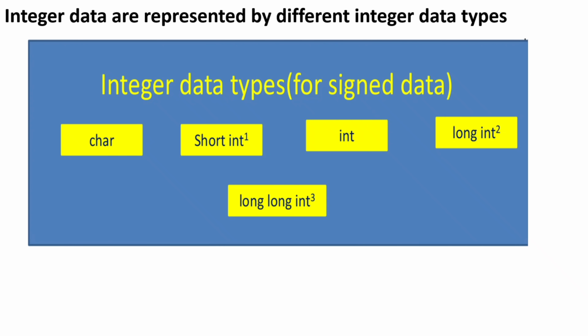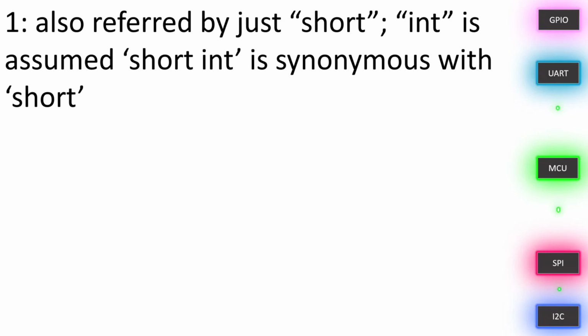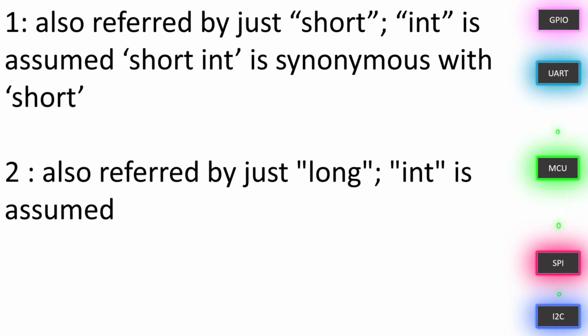All right. The integer data types for signed data are char, short int, and long int. Remember, instead of calling it short int, you can also call it just short. If you just call it short, it is assumed that you are referring to short int. In the same way, long int can be referred to as just long.